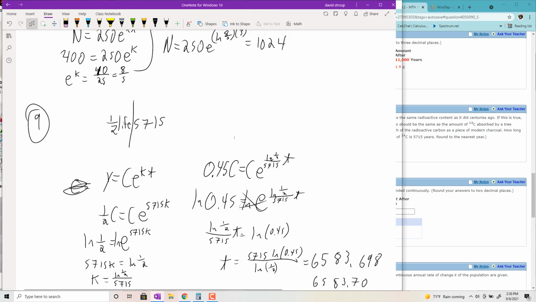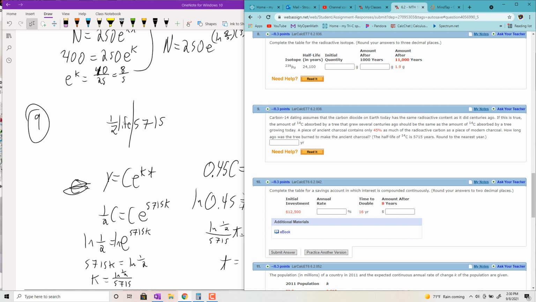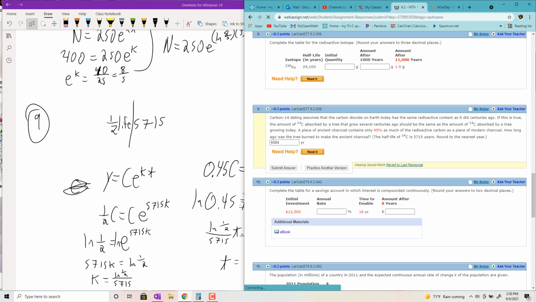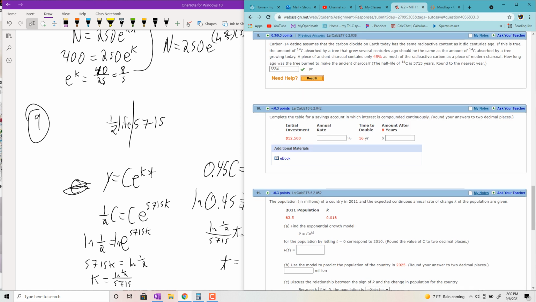Oh, round to the nearest year, so 6584. Which kind of makes sense because after almost 6,000 years, half of it's gone, and this is more than 6,000 years. So probably you're going to get like 55% of it gone. Oh, hey, we got it.